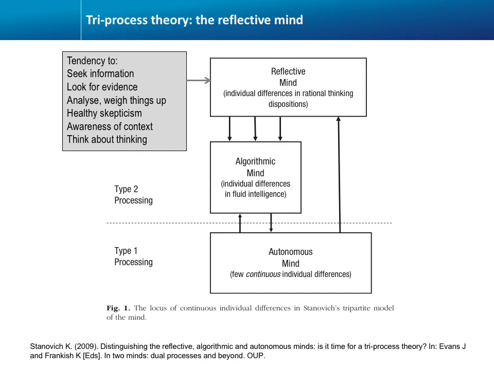And this is clearly demonstrated in studies to be independent of knowledge and intelligence. And this is felt to be important in optimal decision making, and it's also felt to be teachable. This is called tri-process theory because it distinguishes the reflective from the algorithmic and the intuitive or the autonomous processes that we all use when thinking and making decisions.